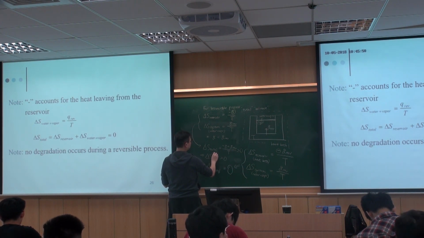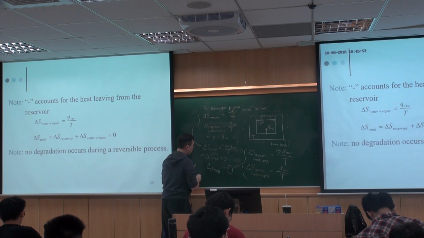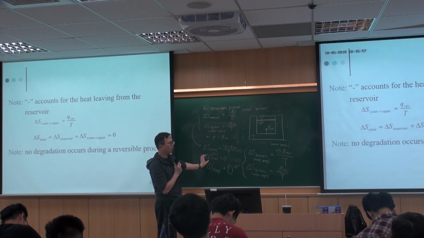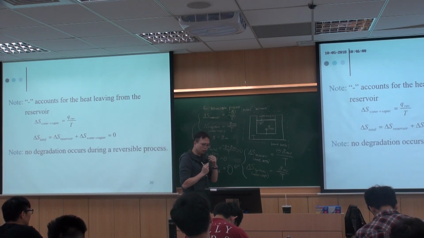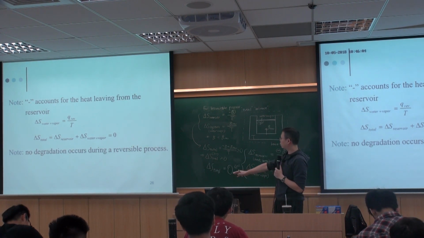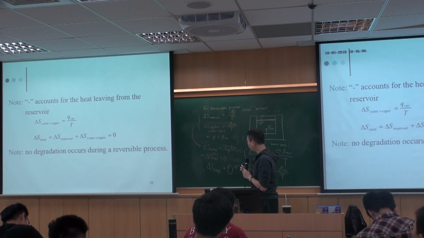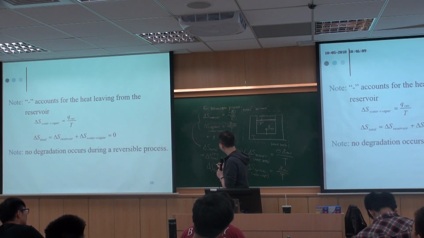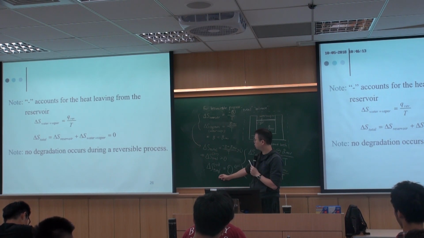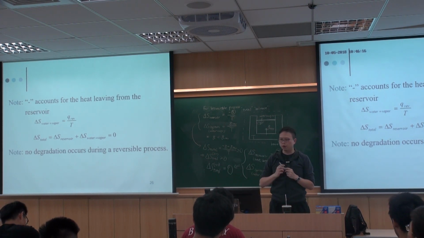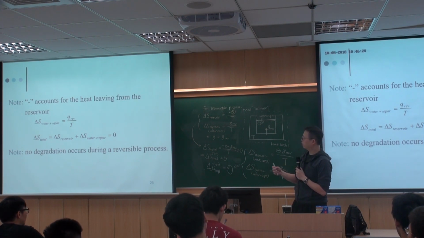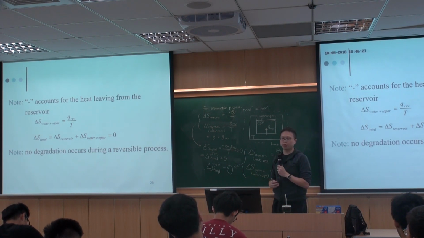So this is the irreversible process. For an irreversible process, the change of entropy for the whole universe is greater than 0. In contrast, for a reversible process, the entropy change is 0. The universe is still the same after you go through this reversible process.